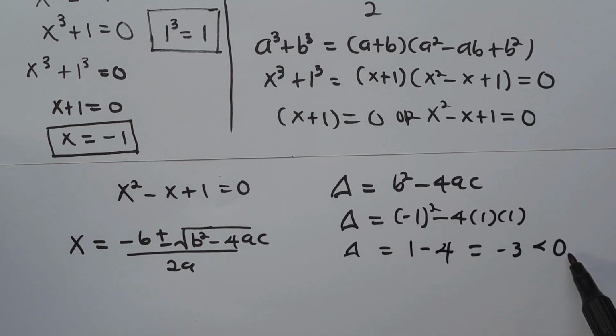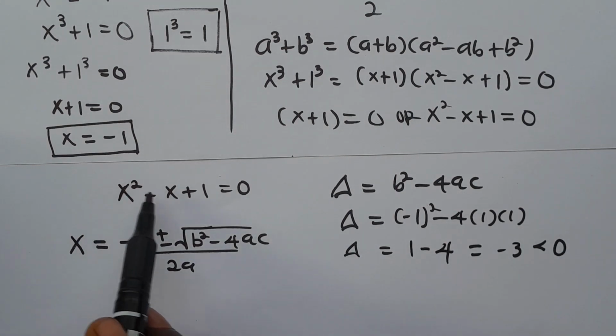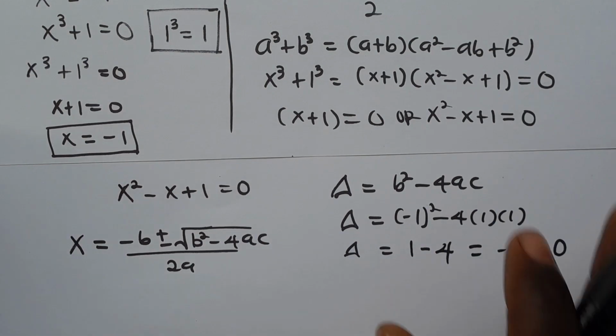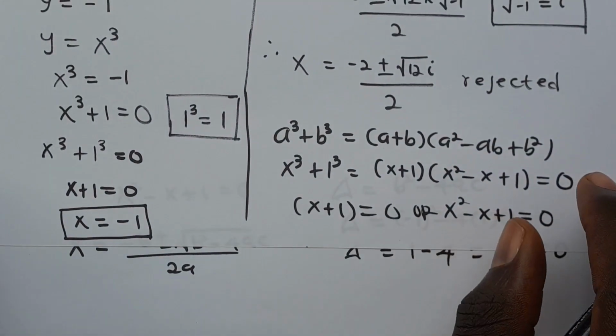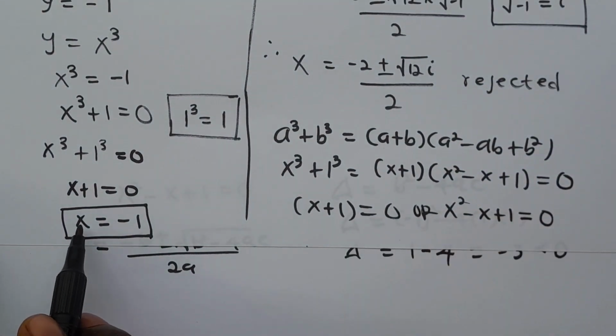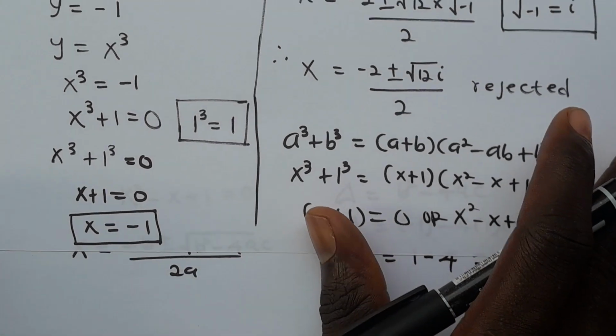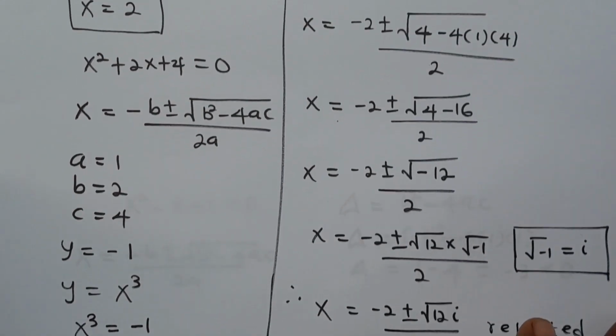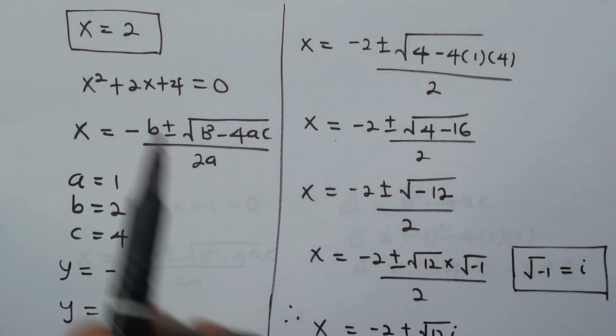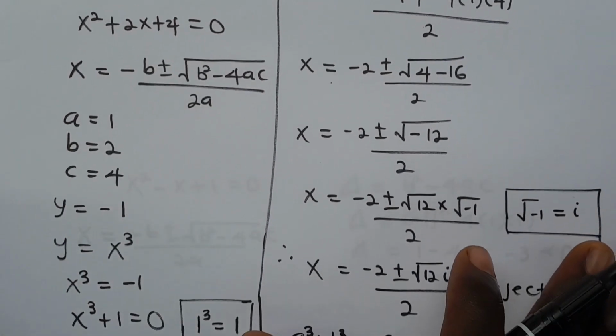So therefore, we need a real solution, that is at x equals 2 and x equals minus 1. So that's the real solution, at x equals minus 1 and x equals 2. That is our real solution.